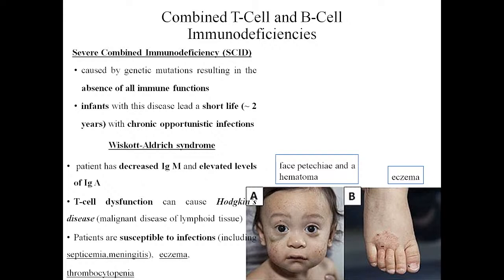Their main function is coagulation, or blood clotting. Because of loss of platelets, there is no blood clotting, so there are multiple rashes in the skin caused by multiple bleedings, and multiple hematomas.